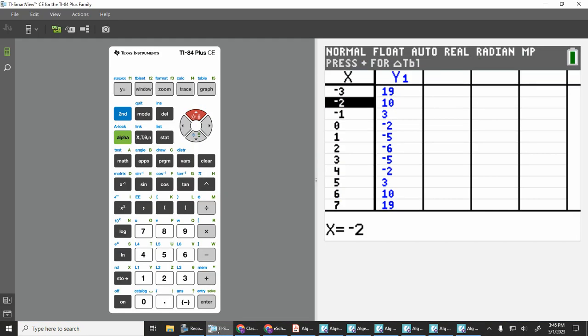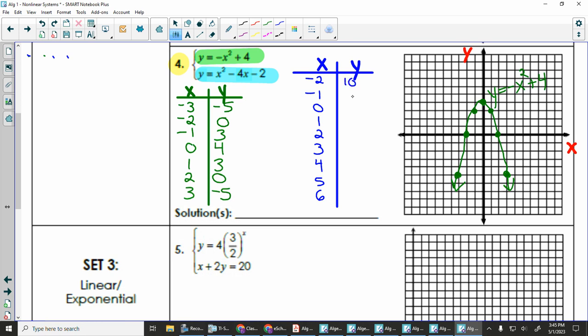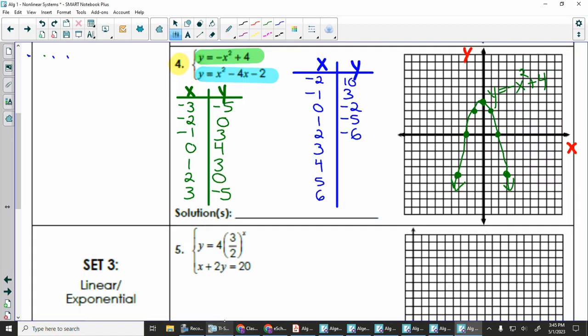So we have 10, 3, negative 2, negative 5, then we had a negative 6, and then the pattern repeated backwards. Negative 5, negative 2, 3, 10. Okay, parabolas are always going to have that symmetrical pattern.